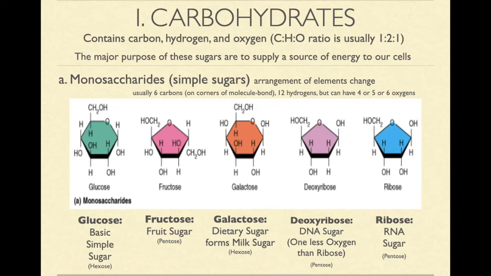When we have the last 3 letters OSE, OSE stands for a sugar. So this is a hexose, so a hexagon sugar. When we have pentose, that's a pentagon sugar.